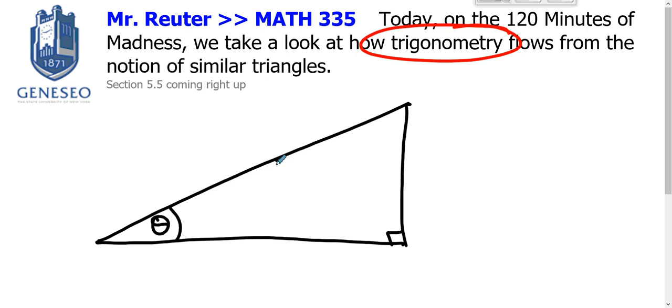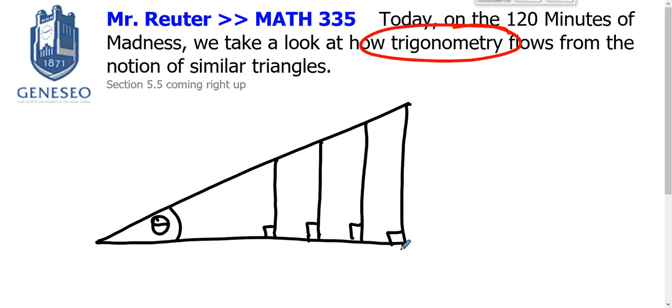It's dependent on the fact that if I drop a bunch of altitudes, a bunch of perpendicular lines, all of these are right triangles, and that angle is in all four of the triangles, and so the ratio of this to that is the ratio of this to that, and so on.